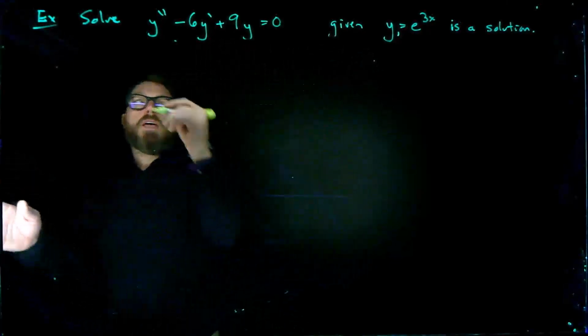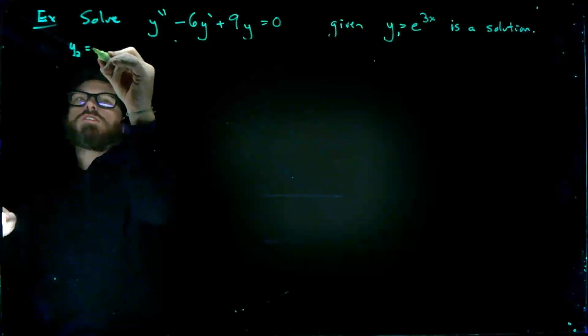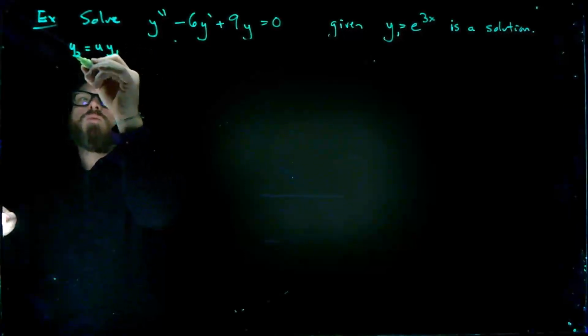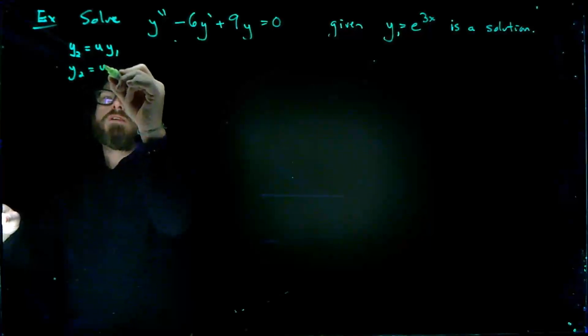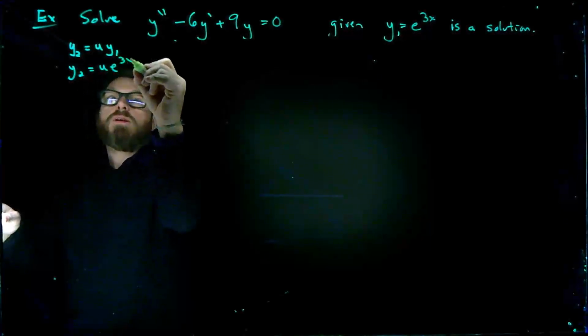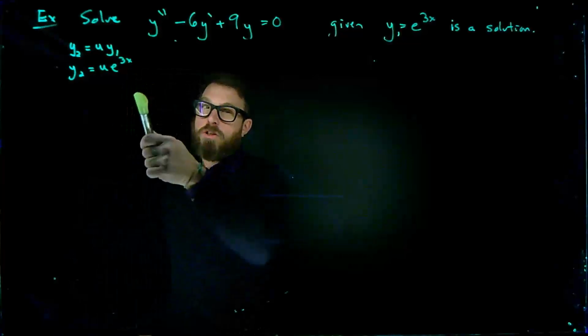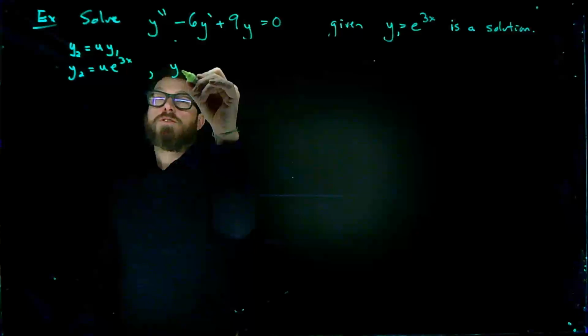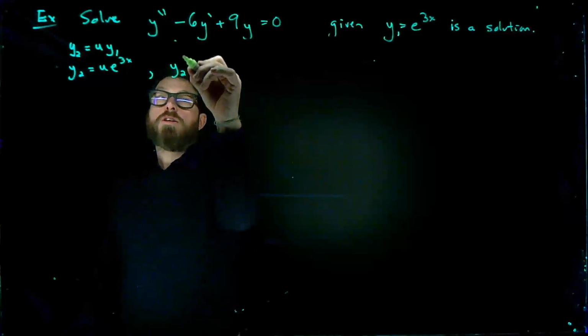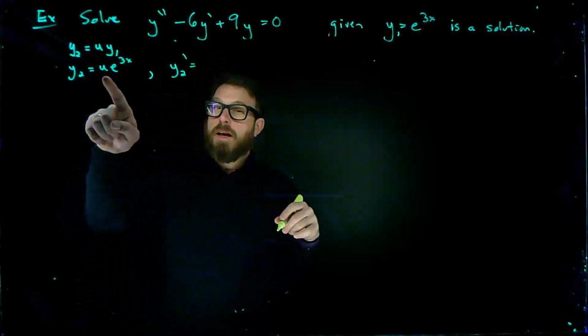So what I know is that y2 is going to be equal to u y1. So that means y2 is going to be equal to u times e to the 3x. Now, this is a solution of that differential equation, which means it's going to have to go in there, all its derivatives, so up to the second. So y2 prime, remember that this is not a constant, it's a function.